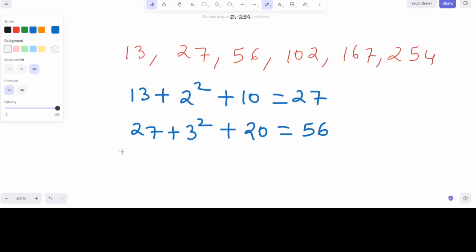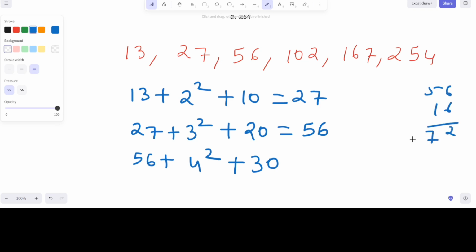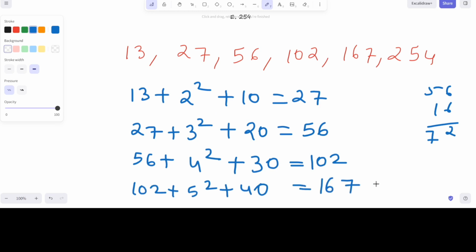Similarly, 56 plus 4 square, 16, plus 30 equal to 56 plus 16, 72, plus 30 equal to 102. So similarly, 102 plus 5 square plus 40, that is equal to 167, right?